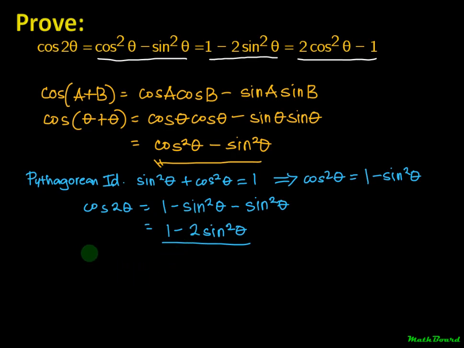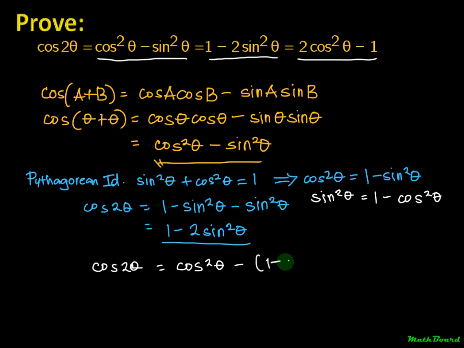Okay. Also, cosine 2 theta is the same as what? From the Pythagorean identity, we can also solve the value of sine squared theta as 1 minus cosine squared theta. Therefore, the sine squared theta can be replaced by 1 minus cosine squared theta. So, we have cosine squared theta minus the value of sine squared theta, which is 1 minus cosine squared theta.